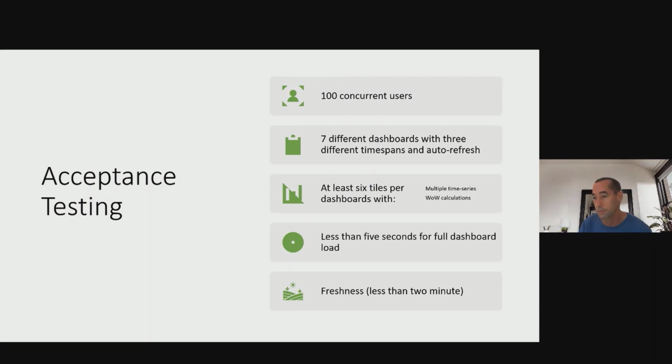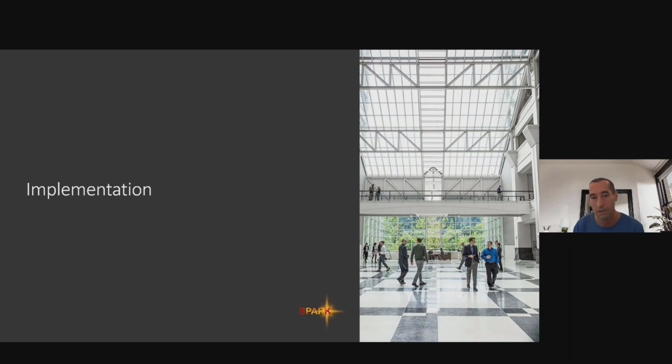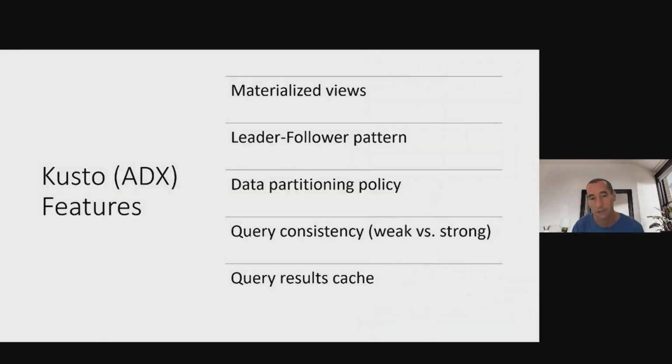So as you can see, this is a super demanding system to build, and for that we invested a lot in creating features and perfecting different features that we already had. So let's talk about the different features and capabilities that ADX has.